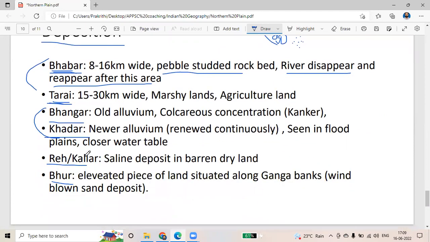Then another two terms, that is Bangar and Khadar. One is old alluvium, calcareous concentration, calcium carbonate का concentration इसी area पे ज़्यादा है.